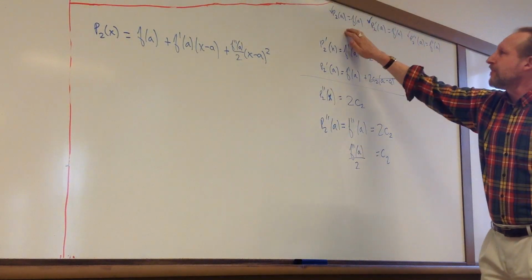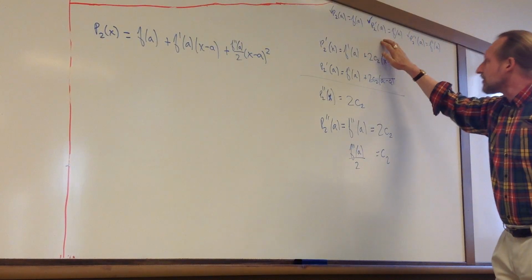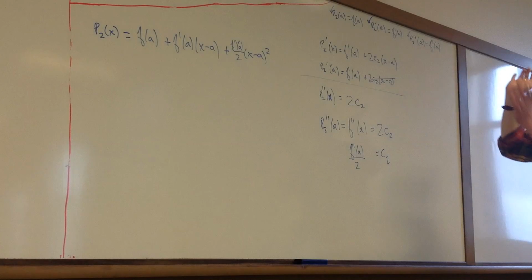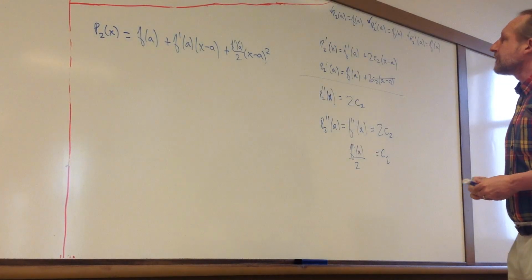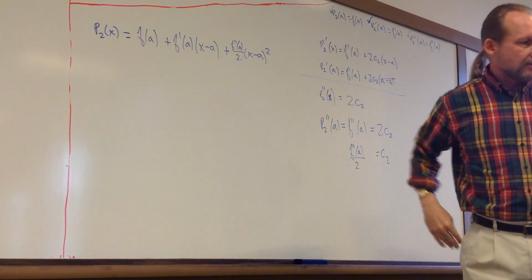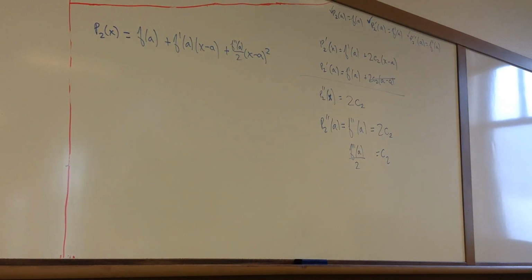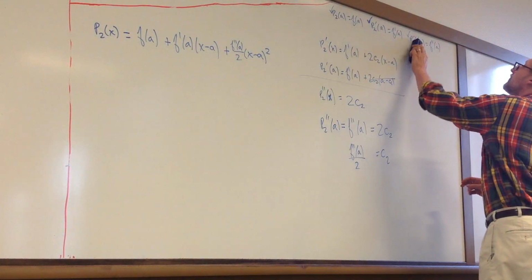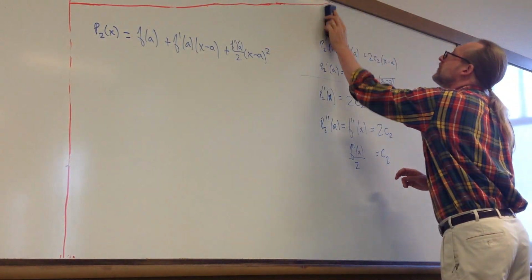It'll have the same function value, it'll have the same slope, and it will match the concavity as well. It'll be concave up or concave down, just like the thing that we're trying to approximate. All right, so that is the quadratic approximating polynomial. Now let's extend it one more time, and let's make this a cubic.